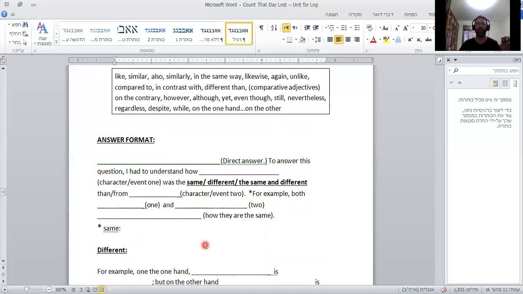If the second question is, is the message the same? I would say, the message in both stanzas is the same. Direct answer. To answer this question, I had to understand how the message in the first stanza is the same as the message in the second stanza.